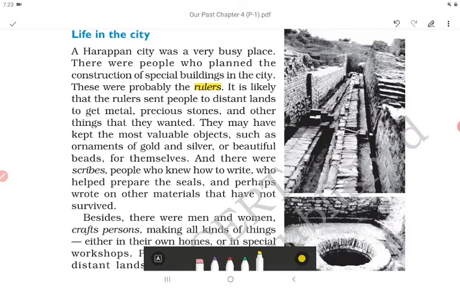It is likely that the rulers sent people to distant lands to get metal, precious stones, and other things that they wanted. They may have kept the most valuable objects, such as ornaments of gold and silver, or beautiful beads for themselves.